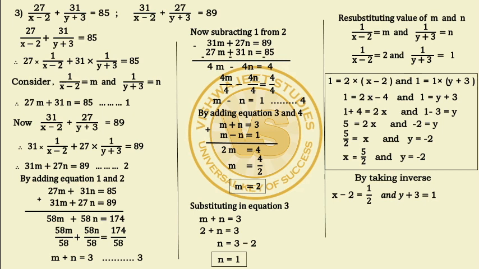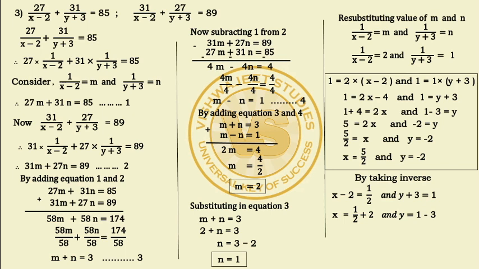So we get equations as x minus 2 is equal to 1 upon 2 and y plus 3 is equal to 1. Minus 2 is at the left hand side. When it goes to the right hand side, it will become positive 2 and plus 3 is at the left hand side. When it goes to the right hand side, it will become negative.